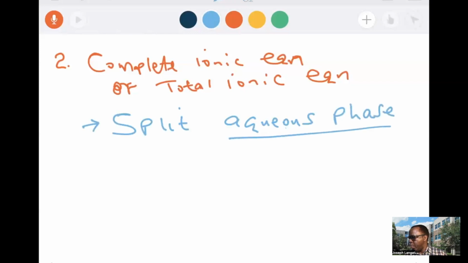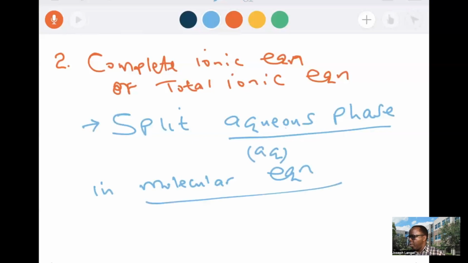Anything which is aq in the molecular equation, you need to split into ions. You gotta leave anything that is solid, you don't split that. Anything that is liquid, you don't split that. Anything that is gas, you don't split that in the molecular equation.